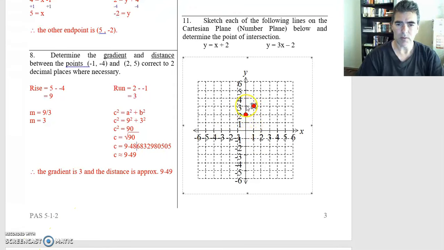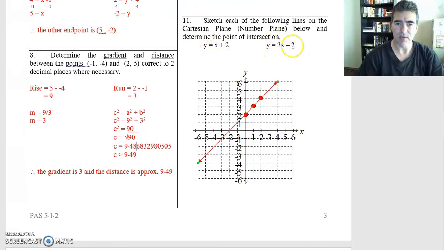So I rise 1 every time I run 1, I place another point there. I can rise 1, run 1 again, and place a third point there. So now that I've placed at least 3 points, I can see what my straight line is doing, and I'm going to draw a straight line through that, filling up my whole graph. So once I've done that, that's my line y equals x plus 2.